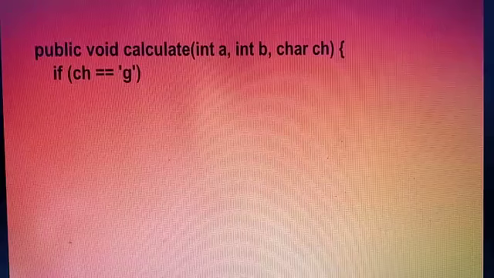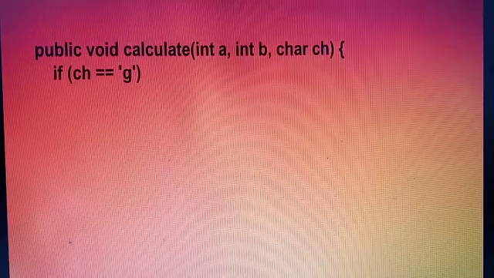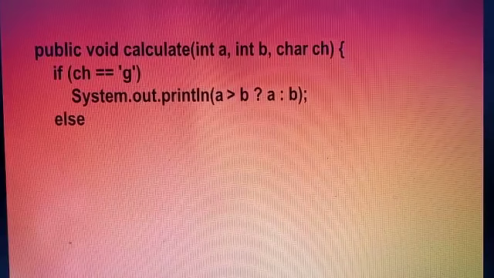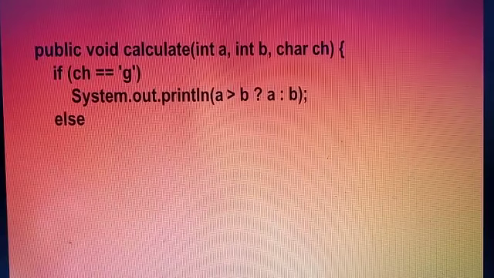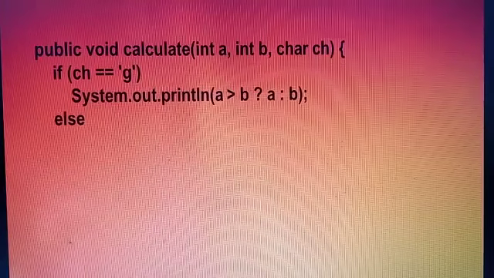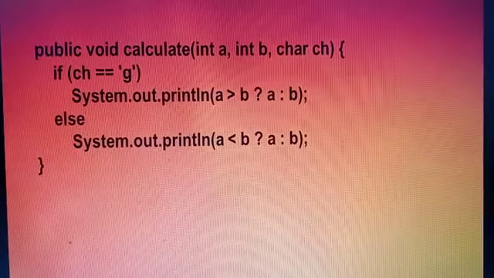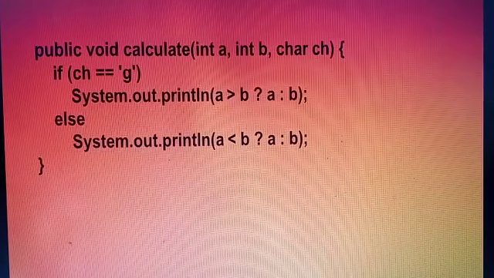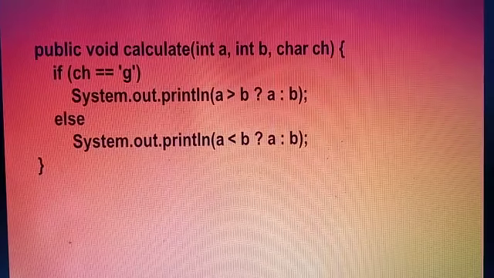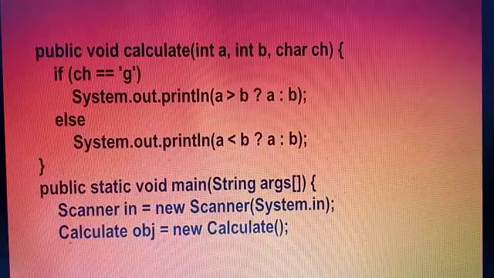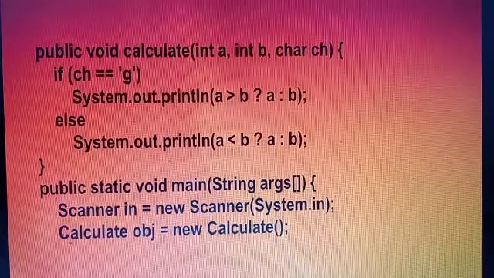If ch equal to g, then you have to print a greater than b question mark, or a is equal to b, terminate with a semicolon. Else System.out.println a less than b question mark, or a is equal to b, then terminate with a semicolon. Then after that you have to see whether a is greater or b is greater.